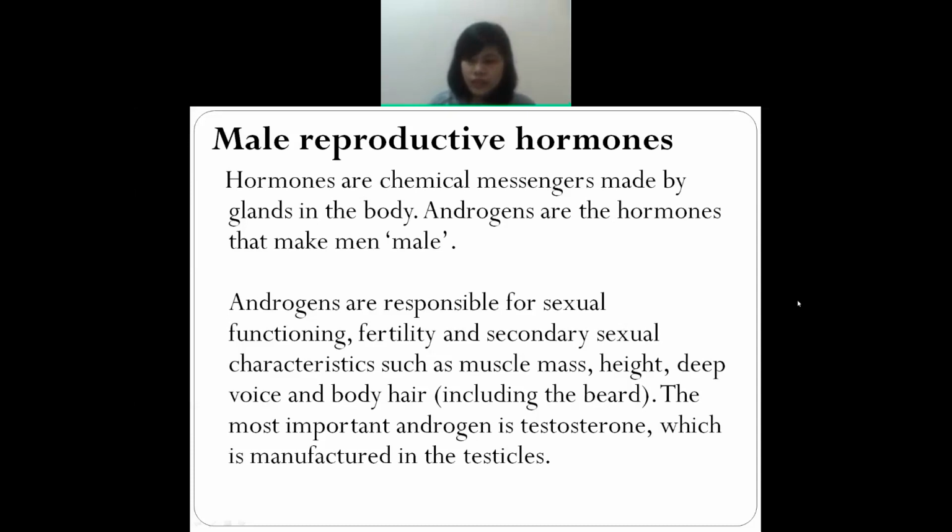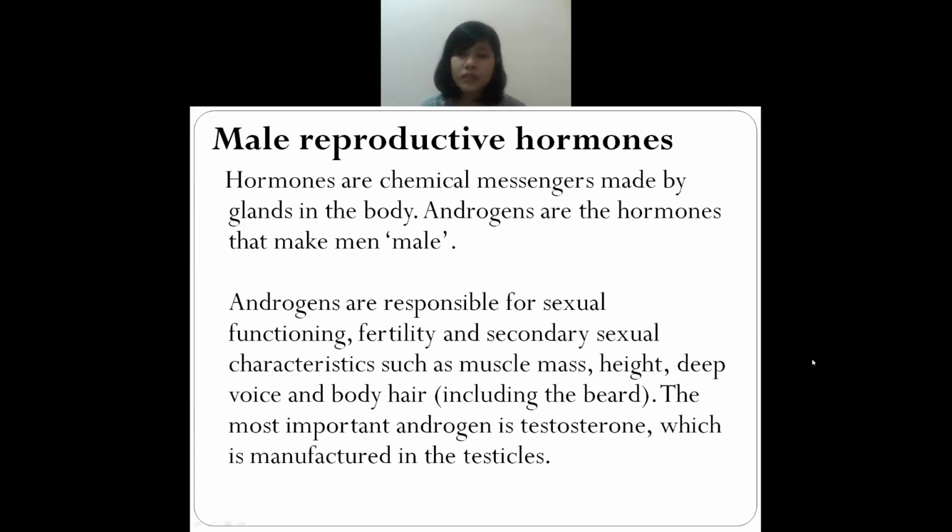They release some hormones, which is testosterone. This testosterone is made in the testicles, and these androgens help the male in changing of the voice as well as their physique, their structure, their muscles, and also the growing of hair in the private areas as well as the beard.